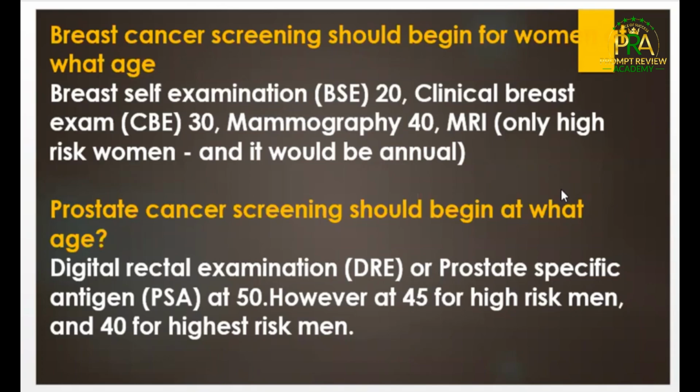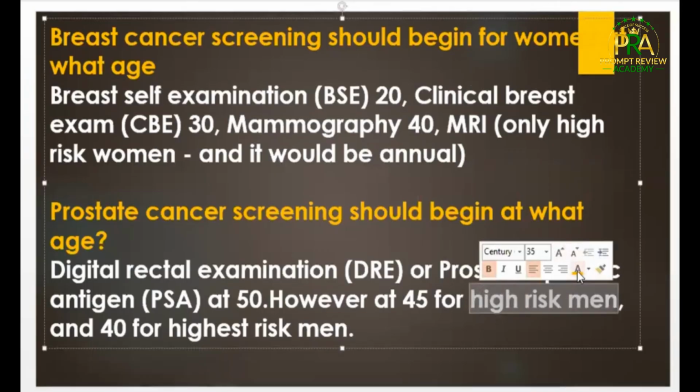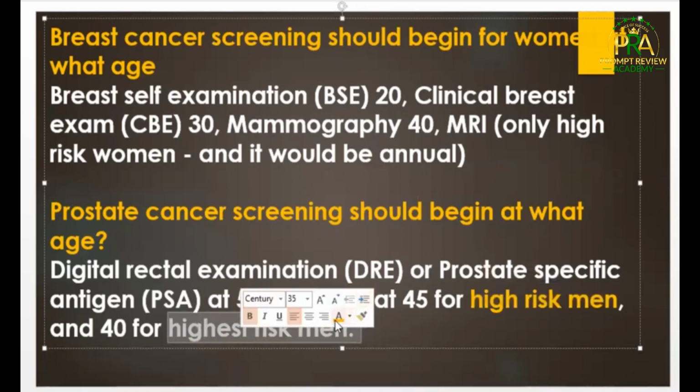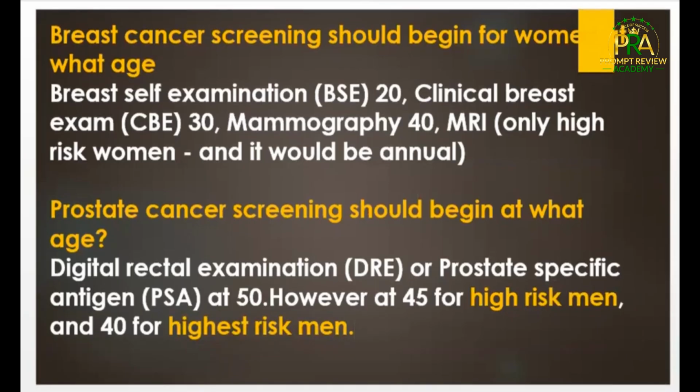Okay, then prostate cancer, when should you begin that? Digital examination always starts at 50, but remember, pay attention again, this is a guideline question. For high-risk men, it's 45, but for highest risk men, these two things can be a great confusion. High-risk men and the highest risk men. Highest risk men is usually your 40 years.